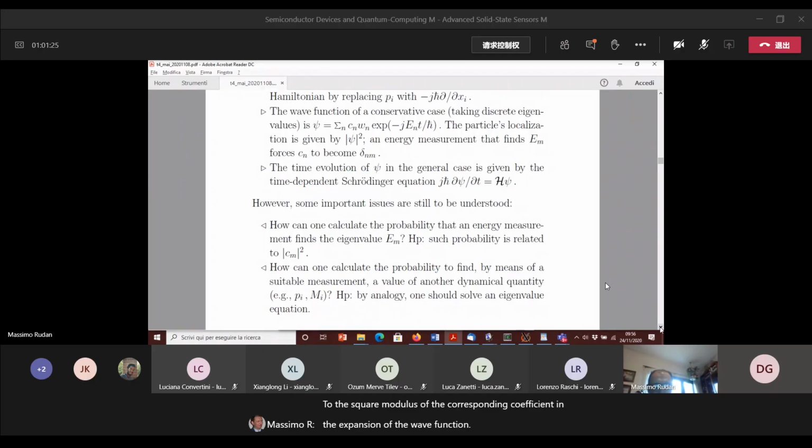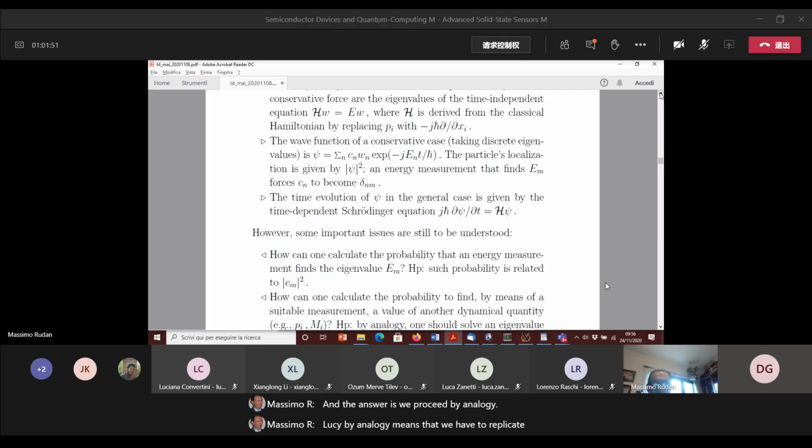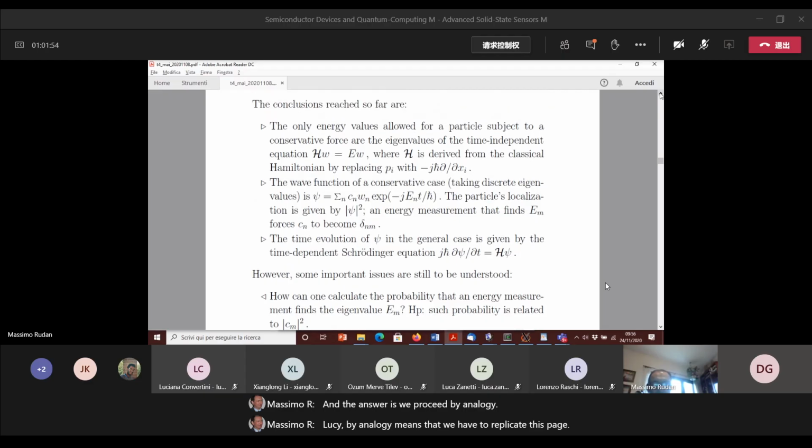The question is how do we calculate the probability to find the value of any other dynamical quantity, like momentum or angular momentum, capital M? And the answer is we proceed by analogy. Proceed by analogy means that we have to replicate this page for any other dynamical quantity.